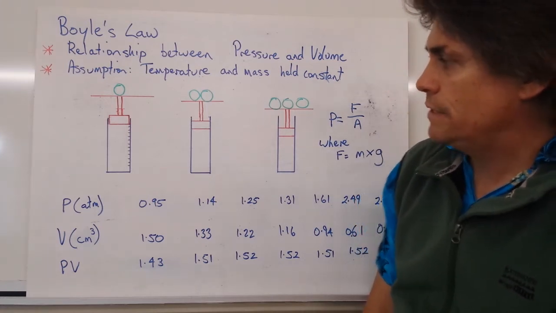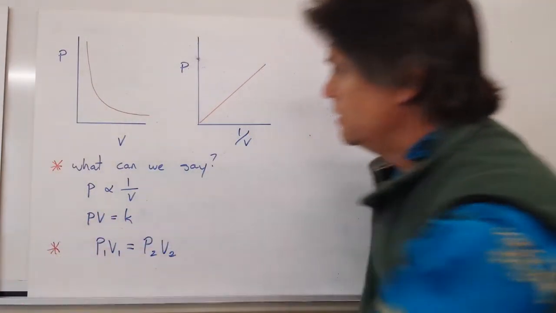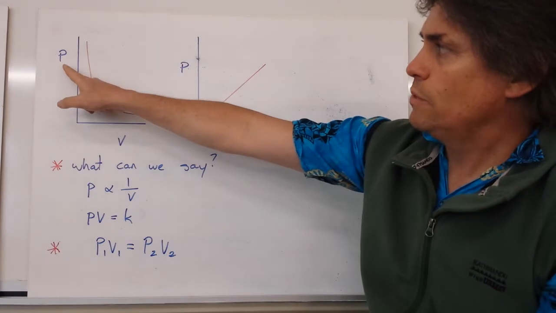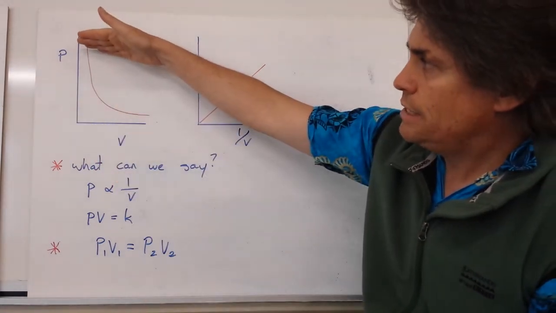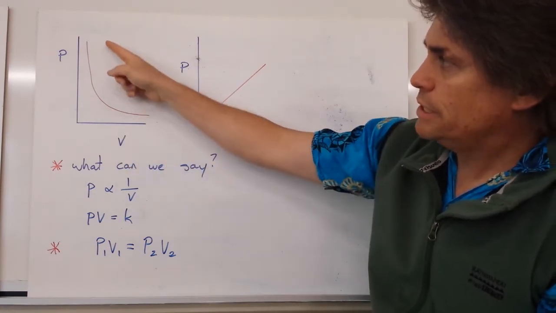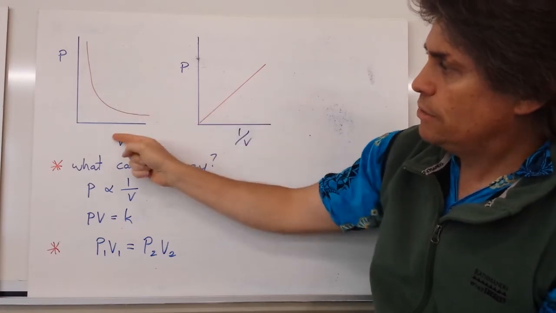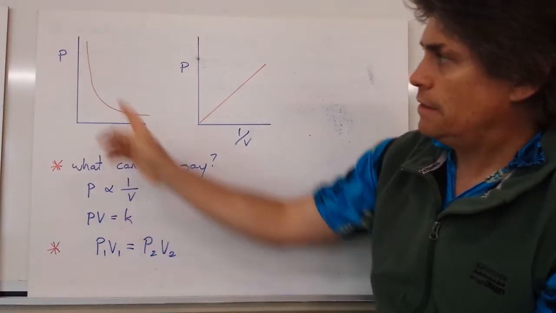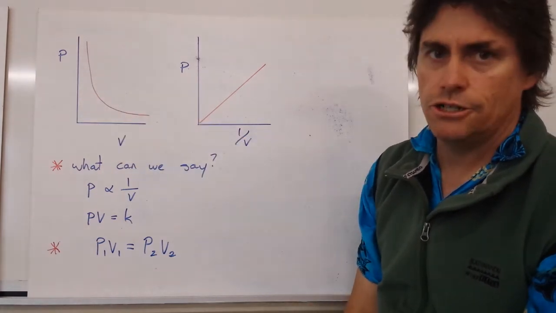We can also graph these results out. On the left-hand side, we have a relationship between pressure and volume. If we increase the volume, we decrease the pressure, or if we increase the pressure, we decrease the volume. Now this sets up an inverse relationship.